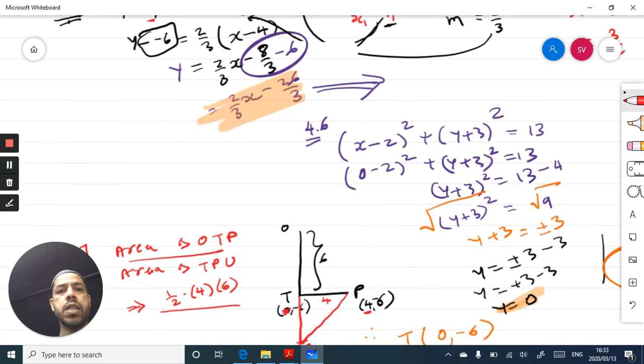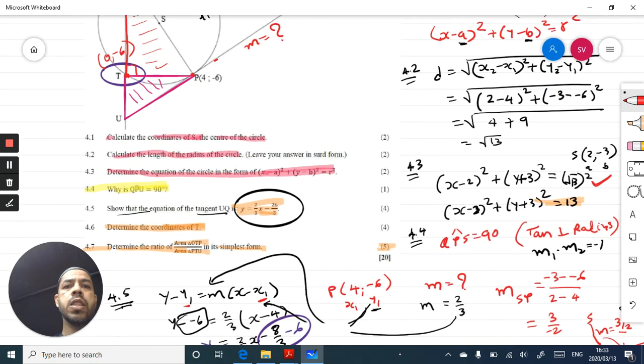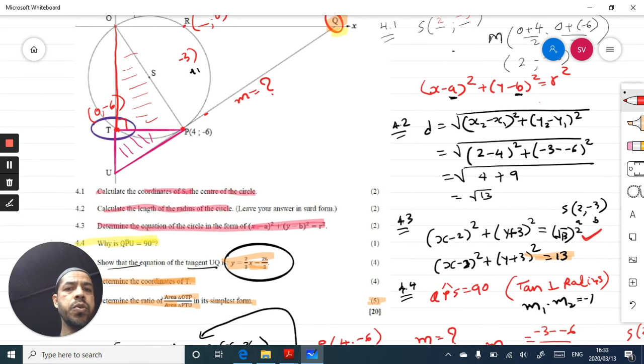U is on that line U, P, Q, and U is the y-intercept of that line, so my x value is 0. To find the coordinates of U, my x value is 0 and my y value will be something. That 0 will help me substitute.